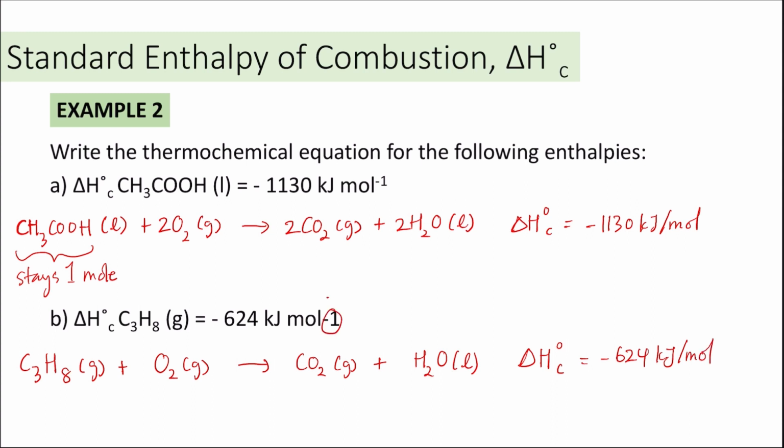Sorry ya, this one per mol ya. And then, what will happen? Saya akan balance. Ini stays 1 mol. So, 3 carbon. And then hydrogen, saya ada 8 hydrogen. So, 4 kat sini. Dan oxygen, saya ada 6 tambah dengan 4, 10. So, sini akan jadi 5. So, I got my thermochemical equation.